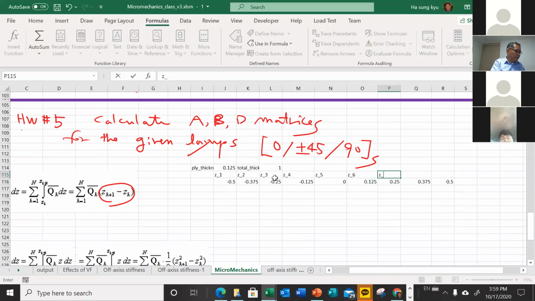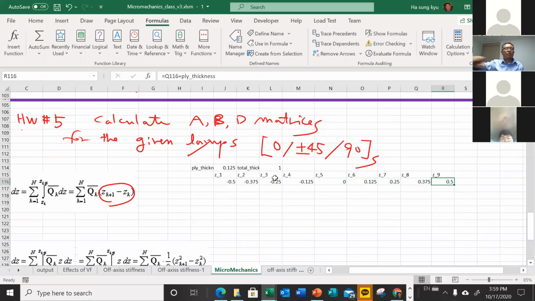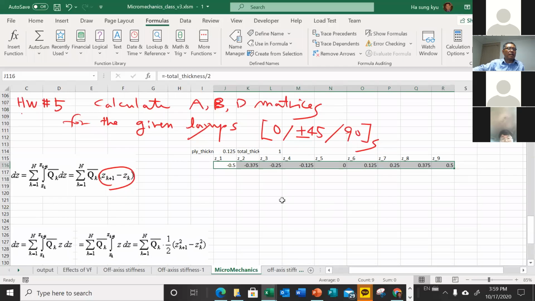You better use different symbols, but well, it doesn't matter that much. So each one has a coordinate, and this is zk plus 1, and this is how you get Z 1, 2, 3, 4, 5, up to 9 for the case of the 8 plies, right?